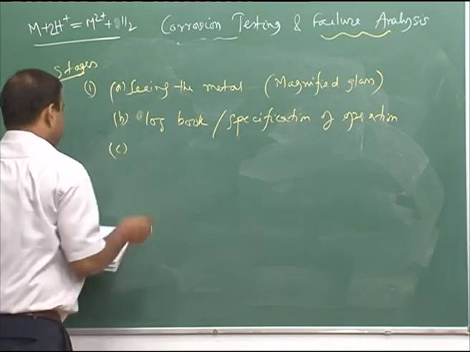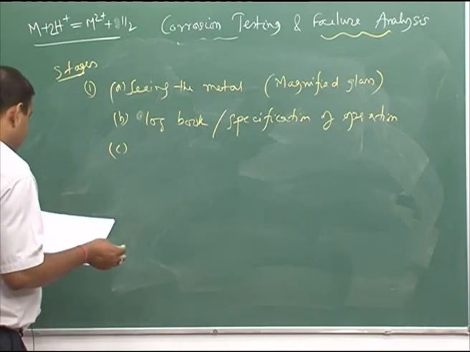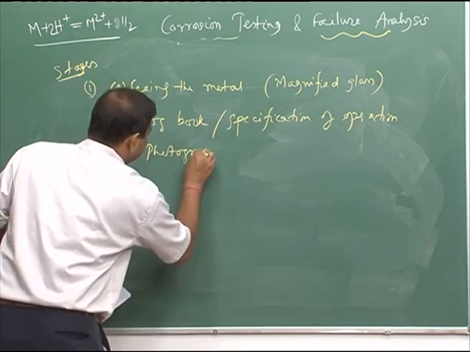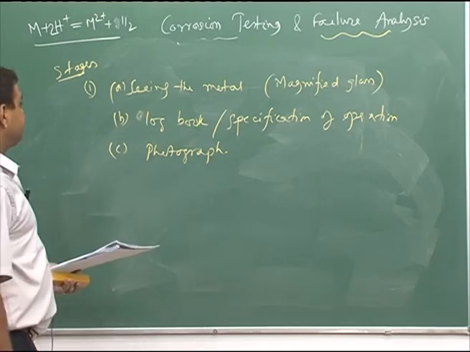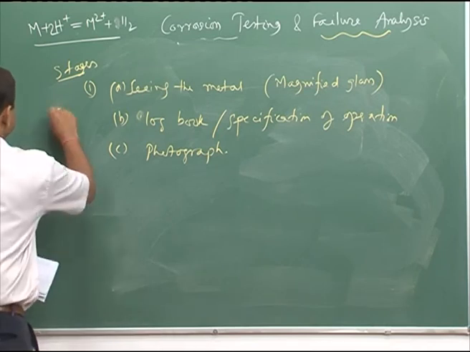Then we can collect samples, and taking photographs of the failed surface or failed section would be a very important issue. This is stage 1.